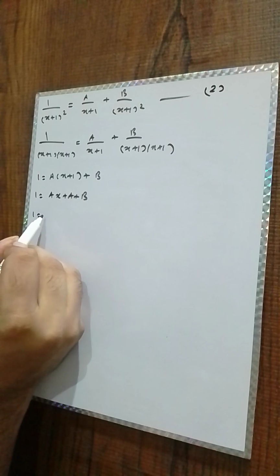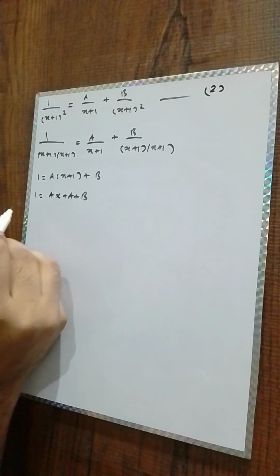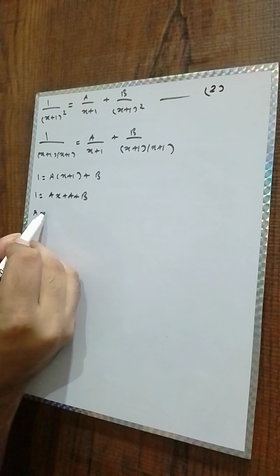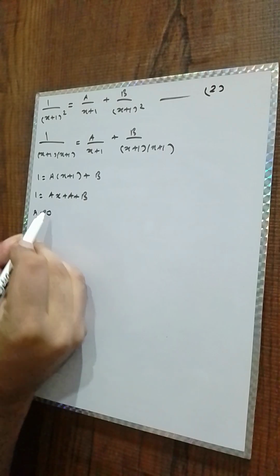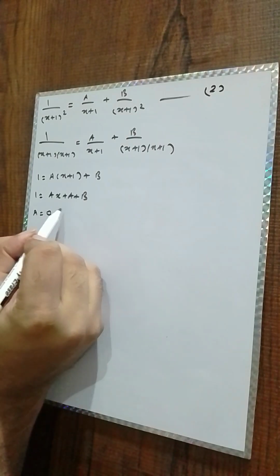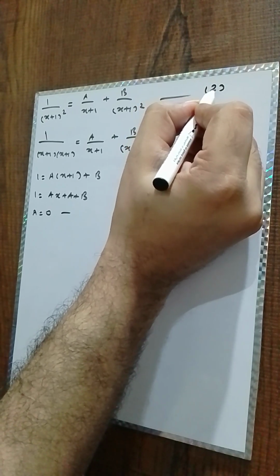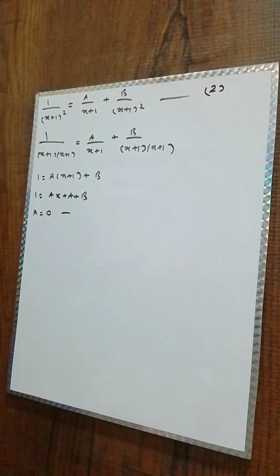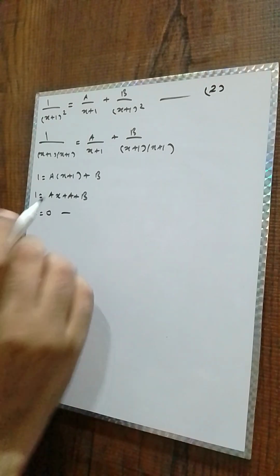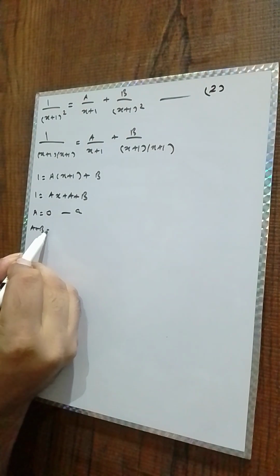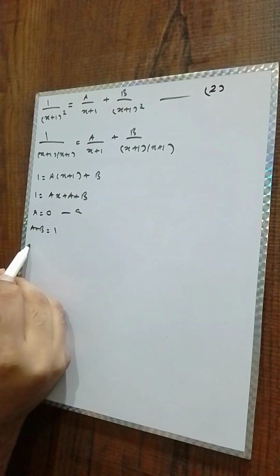So now if we compare coefficients for x, we have a is equal to 0, and for a plus b we have the constant 1 here.